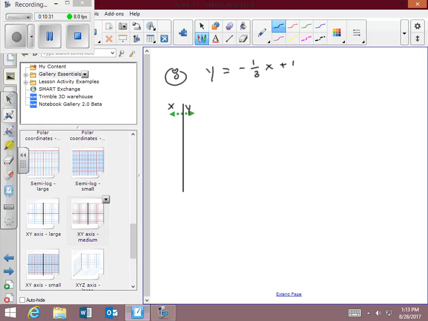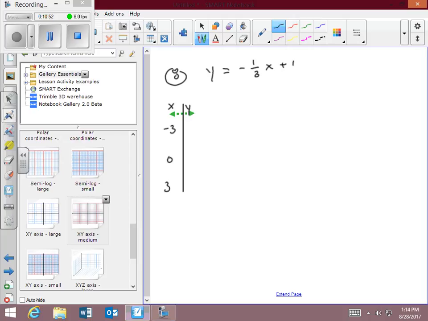So, given what we did before, what negative number would you choose? -3, right? Because you have 1/3. Then goes 0, and then go 3.